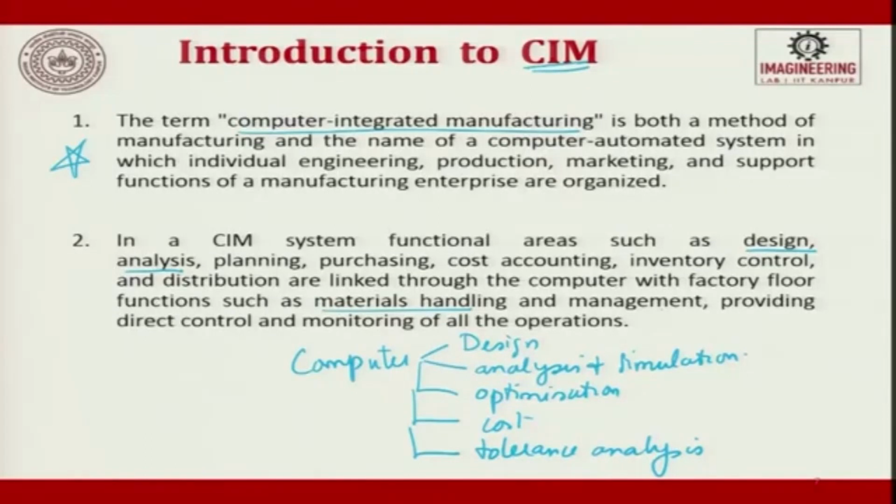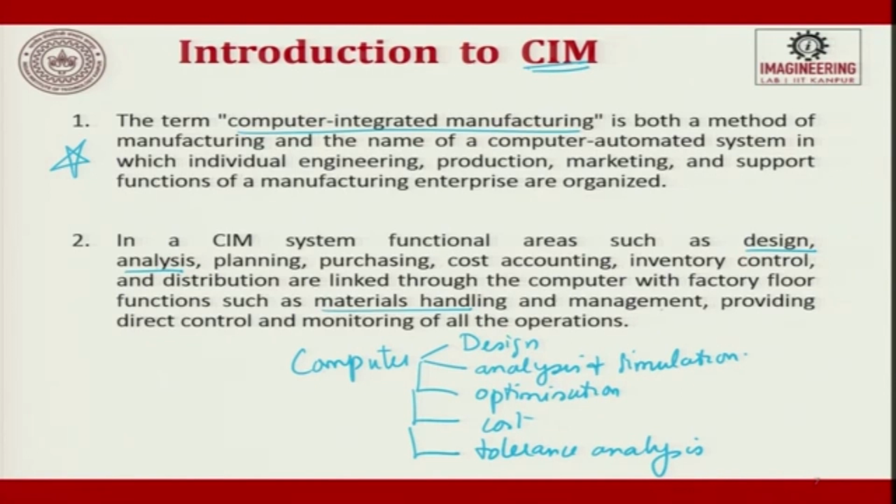So, all these things are now integrated. A company sitting across the globe is able to control and talk about our production process very neatly and precisely. All these things happen only because of CIMS. So, that is the major emphasis here.